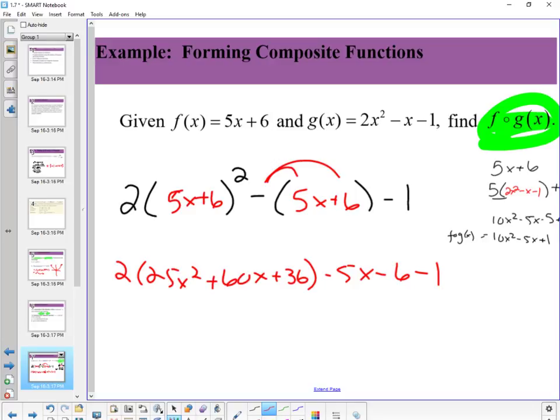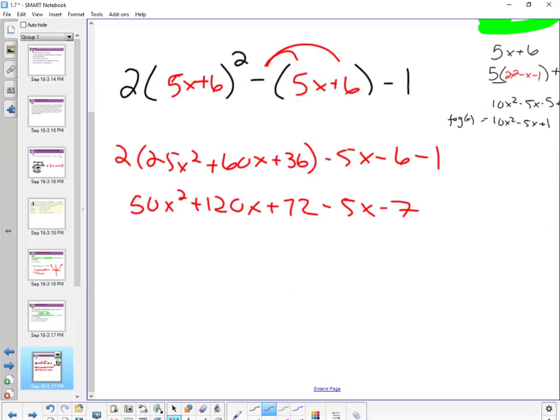So that gives me 50x squared plus 120x plus 72, minus 5x minus 7. I've got 50x squared plus 115x plus 65.